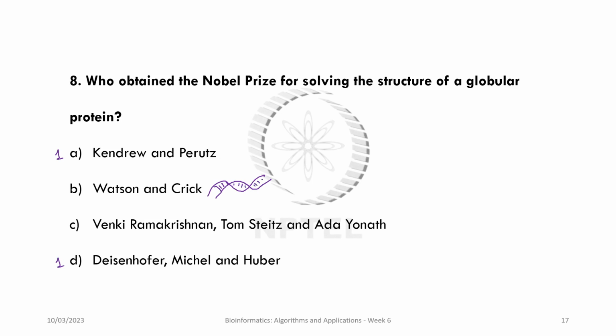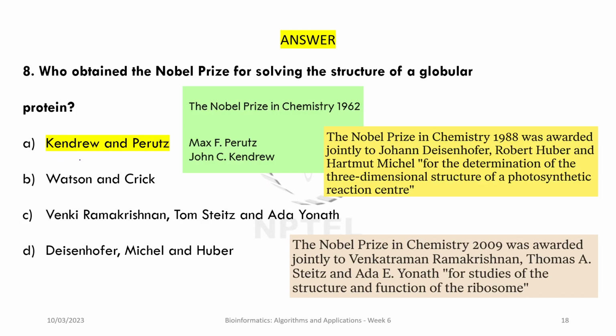So you know that the Nobel Prize was for the alpha helical model for DNA. So not these guys definitely. Your hopping will be between A, C, and D, is what I thought. Therefore, I made a few pop-ups for A, C, and D, and not for B. Right?